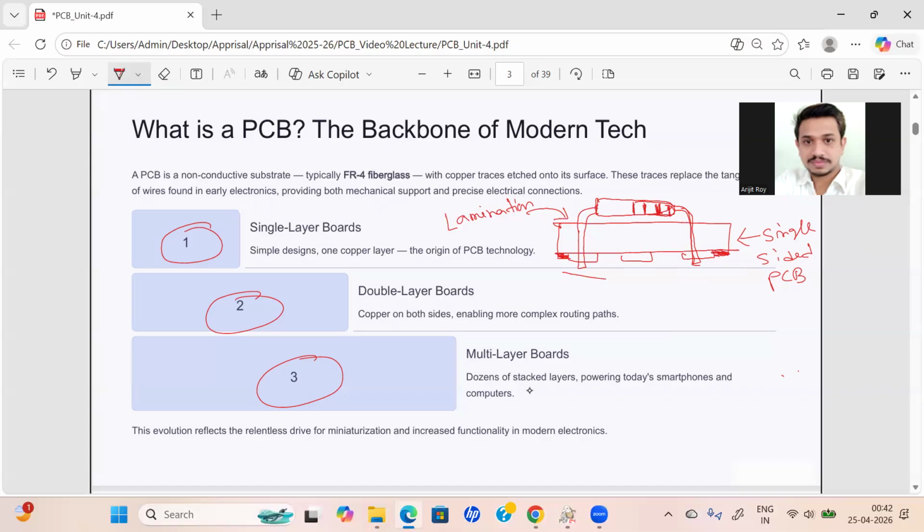So the wiring is available only in the backside, and it is a very general PCB design. Manufacturers mostly use print and etch or die cut method in the single layer board.